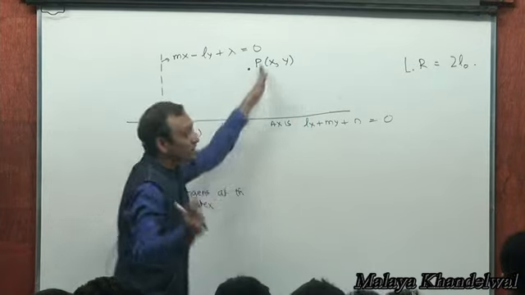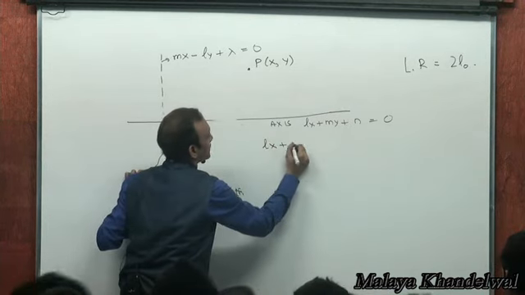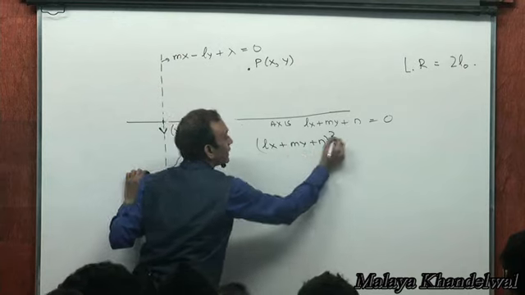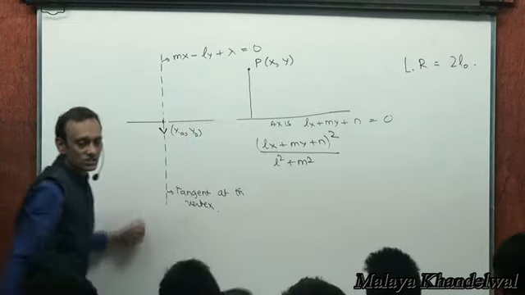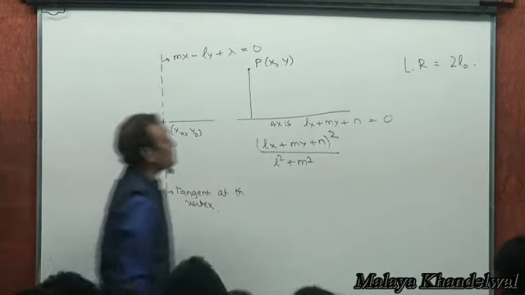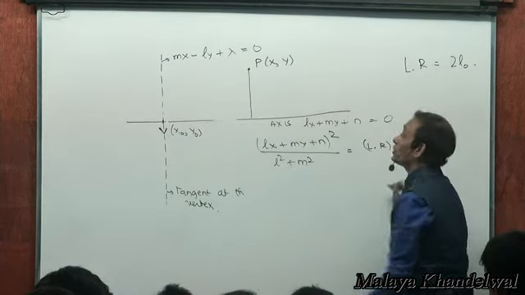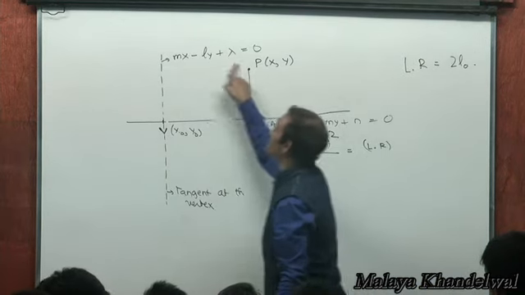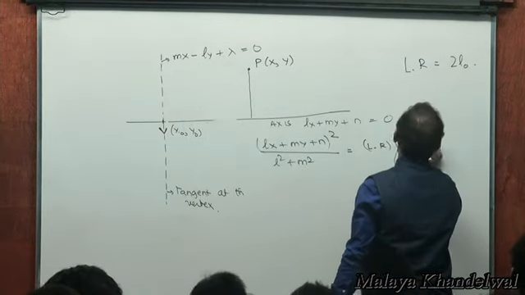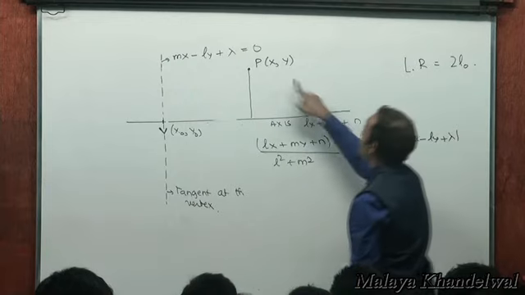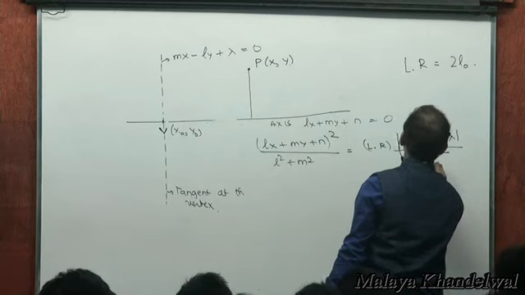So (Lx plus my plus n) whole squared divided by L squared plus m squared is the square of the distance of the point P from the axis, right? That must be equal to the latus rectum LR into the distance from the tangent drawn at the vertex. That means mod of (mx minus ly plus lambda) divided by root L squared plus m squared, yes or no?